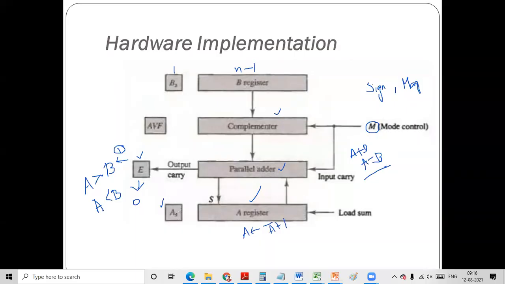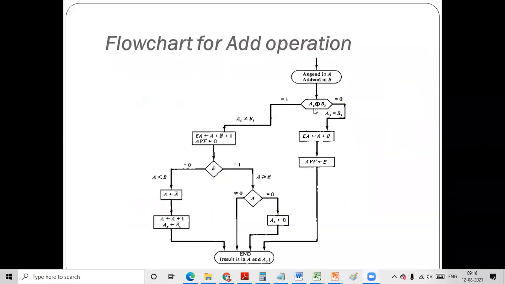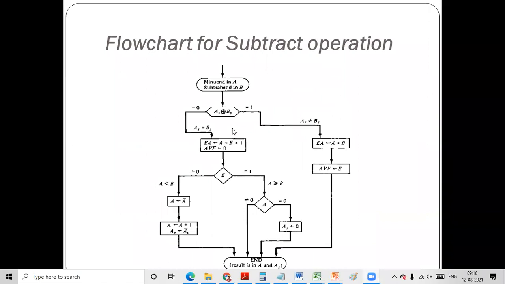If A less than B, complement of the AS will be the sign of the result, since whichever magnitude is high, that sign will be taken as the resultant sign. So this is the algorithm that we have gone through, and this is the flow chart, right?